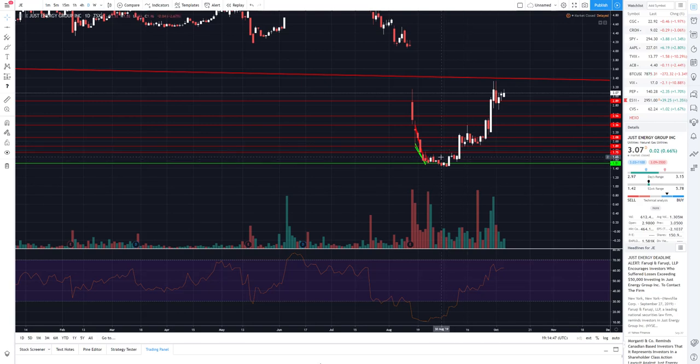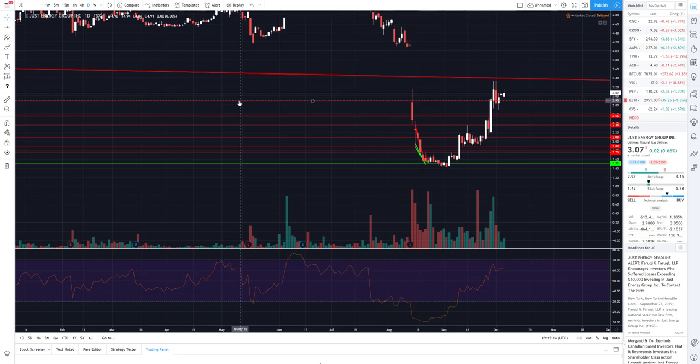So when you're trying to decide how much to allot to your trade, it can move down so fast and trigger your stop loss. You don't want to risk too much, especially because it's a stock with a big implied volatility. You're gonna have to have a wider stop.